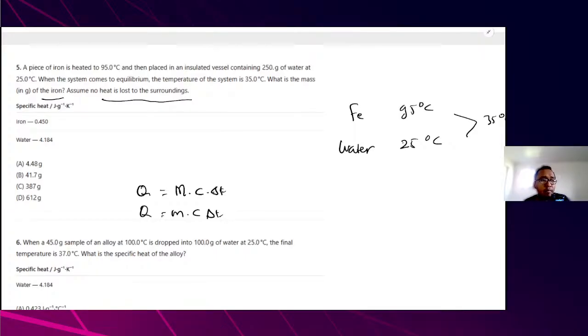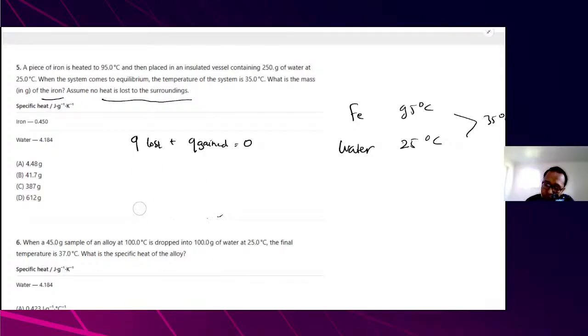Okay, key concept. This one is a calorimeter problem again. Like I mentioned, Q loss plus Q gain will be 0, so Q loss will be minus Q gain. Which one gains?